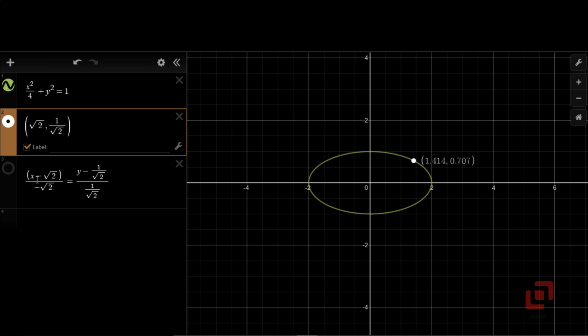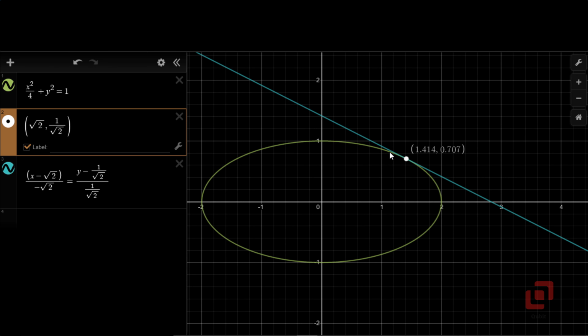Let us now go to the line (x − √2)/(−√2) = (y − 1/√2)/(1/√2), which we obtained in the solution. If you plot it, it will be this blue line, and as you can see, it is indeed the tangent to the given ellipse at the given point P, (√2, 1/√2), which verifies our answer.